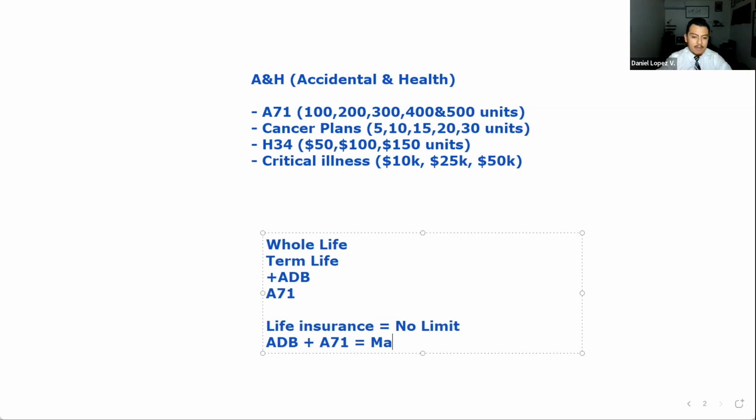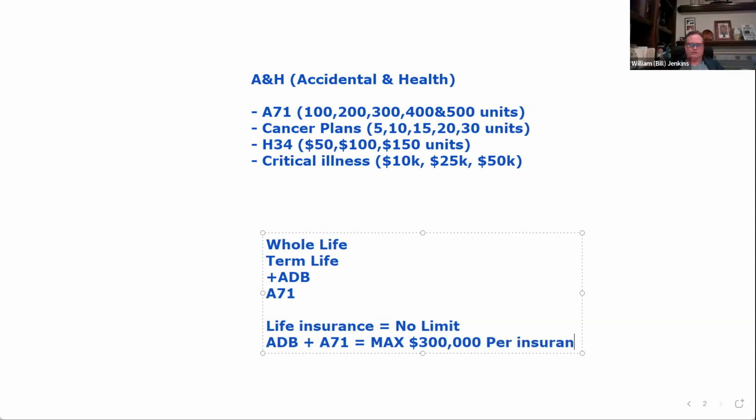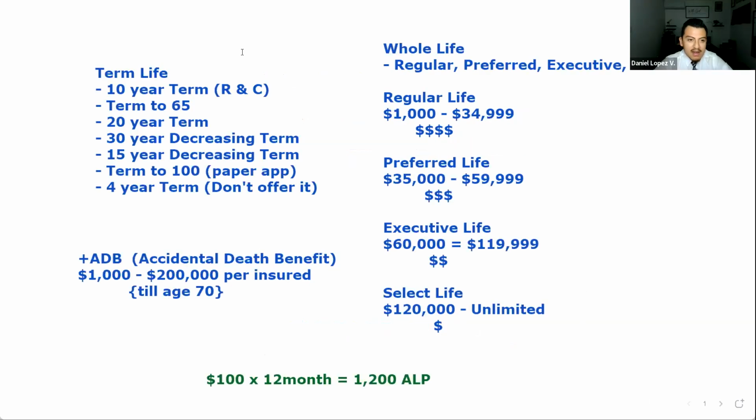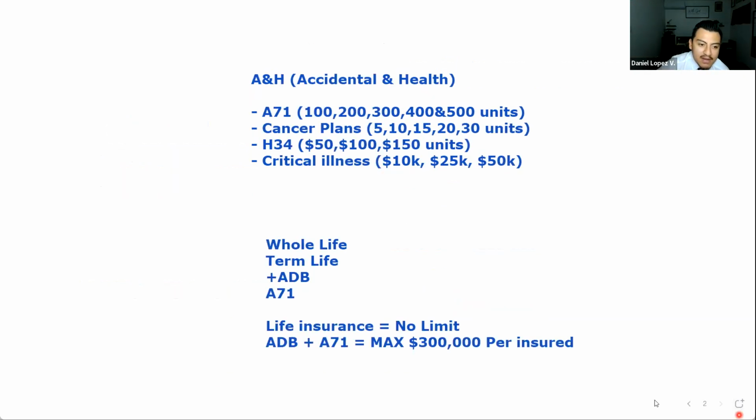The max is 300,000 overall per insured, in ADB and A71 combined. ADB by itself, the limit is anywhere from 1,000 to 200,000 per insured. You can't give it any more than that. But if you combine the A71 and the ADB, it's 300,000.